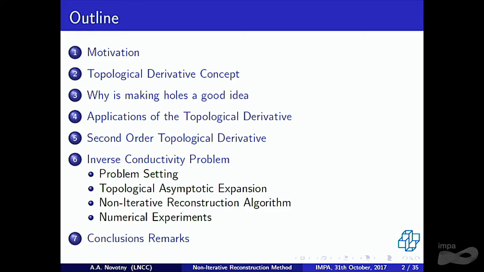Then through a simple example, I will try to convince you that it's a good idea to make holes. Then I will talk about some applications of the topological derivative. And then I will introduce the second order topological derivative concept, which is crucial for the main part of my talk concerning the EIT problem.